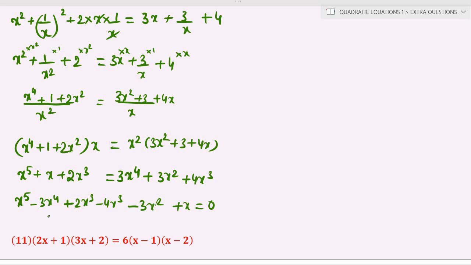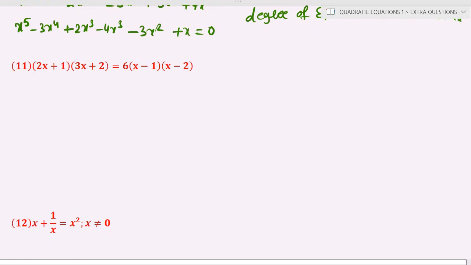As the highest power of the equation is 5, the degree of the equation is 5, therefore it is not a quadratic equation. You can stop here itself. Therefore what is the answer? It is not a quadratic equation. Let us go for the next one.